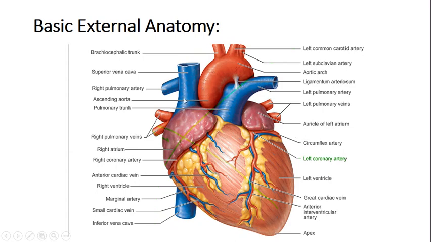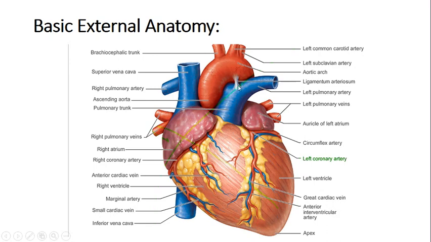Exterior anatomy of the heart. Again, the superior and inferior vena cava, right atrium, right ventricle, left atrium, left ventricle. Here you see the carotid arteries, both left and right, and we'll go into that a lot later towards the end of this presentation.